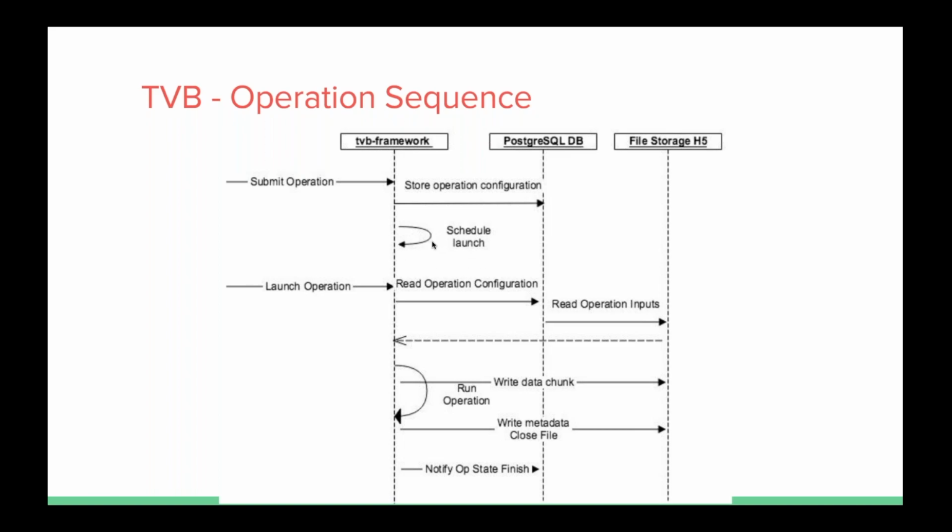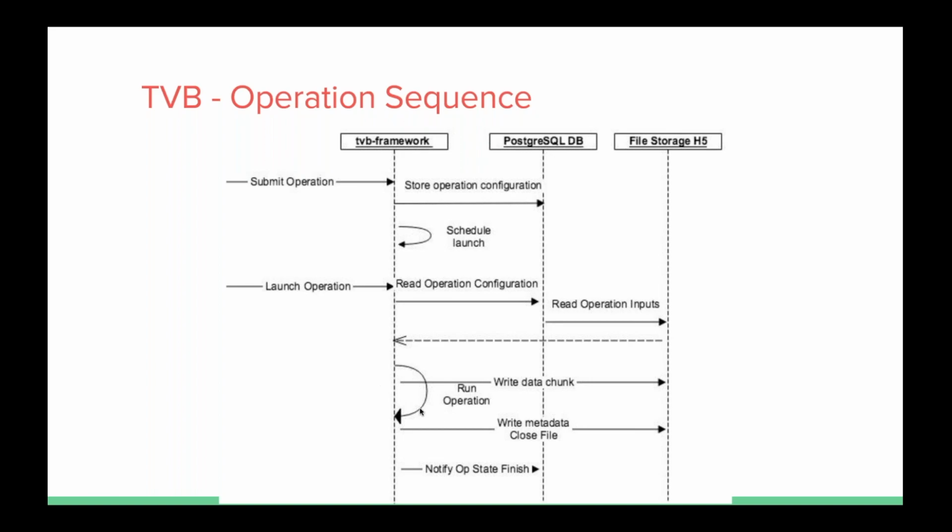And then the scheduler, in this case a queue if it's local, or it could be Slurm or whatever if it is a cluster, will come to execute the operation, which is given by some unique ID, which is very simple. Then it will go to the storage in order to read the configuration and the inputs.